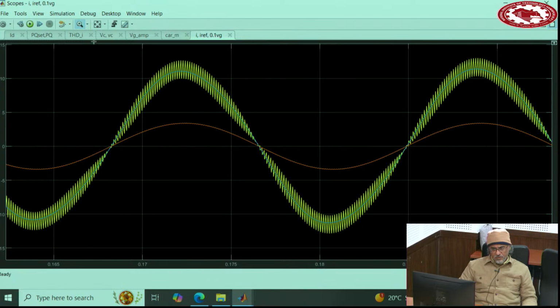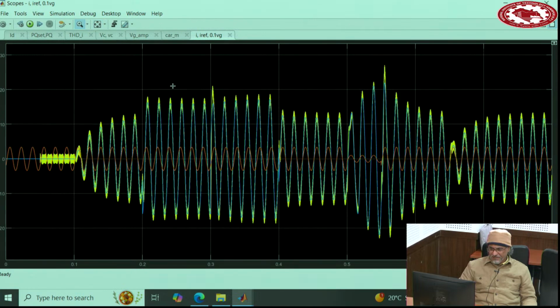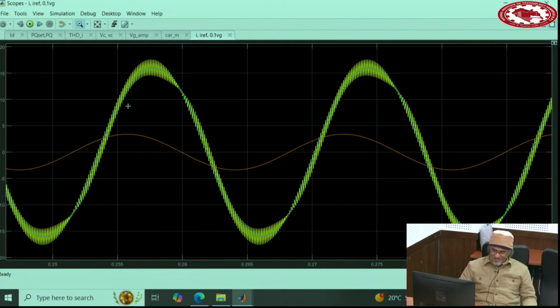It's pretty much sinusoidal, but we know it has a 3% THD, harmonic 3. If you observe it closely, you see that it's not clearly sinusoidal. All right.